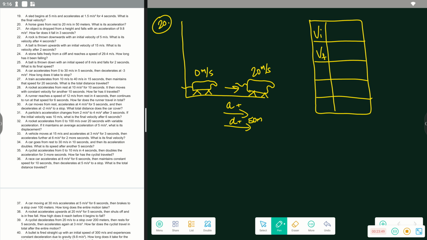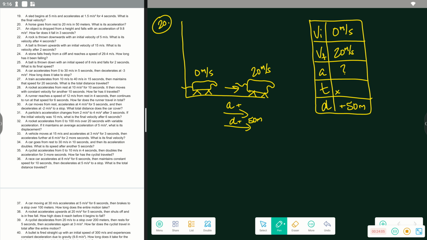VI, VF, A, T, D: plus 50 meters. Time we don't have. Acceleration is what we're solving for, with 20 meters per second for final velocity and 0 meters per second for initial velocity.